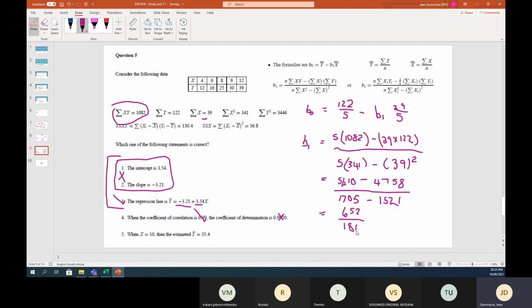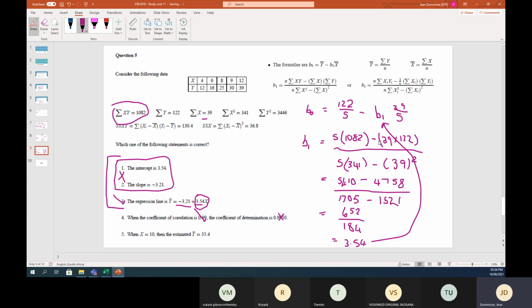And then I'm hoping I don't make a mistake somewhere. 652 divided by 184 does give me 3.54. Okay, so B1 is 3.54, and then if I put that back into that formula, let's see what I do get for B0.